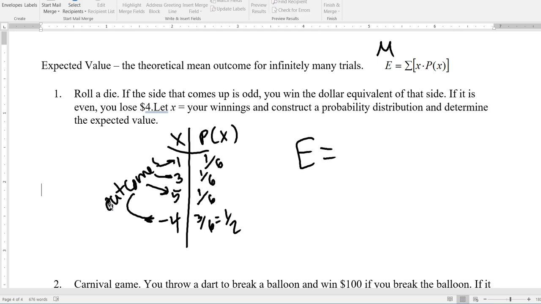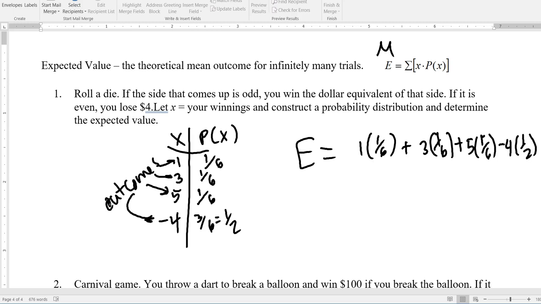Every x times their probability. 1 times 1/6 plus 3 times 1/6 plus 5 times 1/6 minus 4 times 1/2. So if I play this game, I expect to get 1/6, 3/6, 5/6, and that is 2, right?